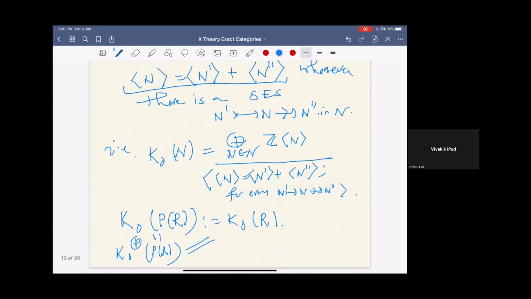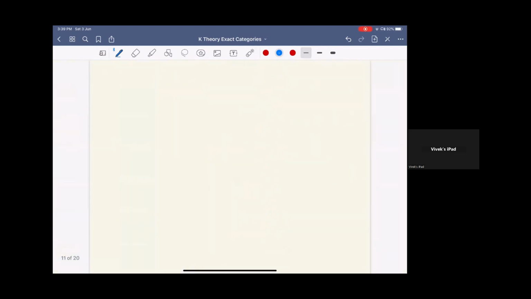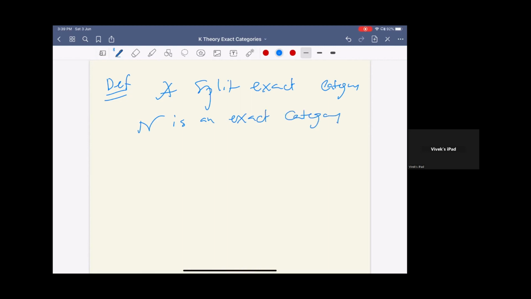So in general, let's give a definition first. A split exact category N is an exact category in which every short exact sequence is split.